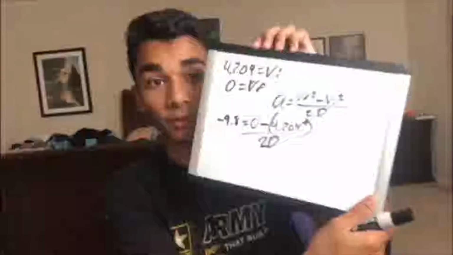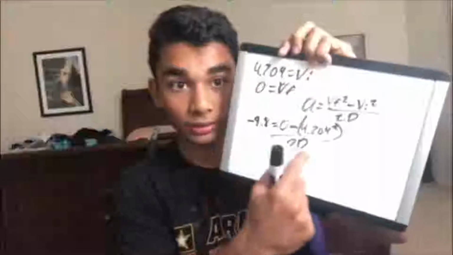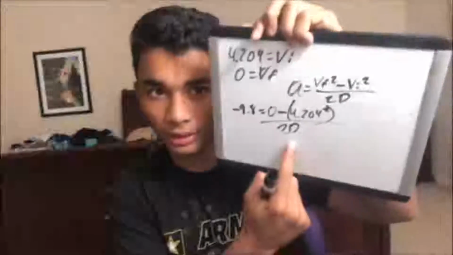It's a very ugly number. So let's just simplify it and just say 4.704 squared. And we'll just put that in brackets. Over 2d. So this is what we have so far. Hope you can see it.